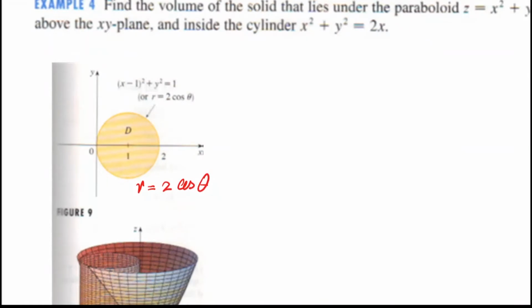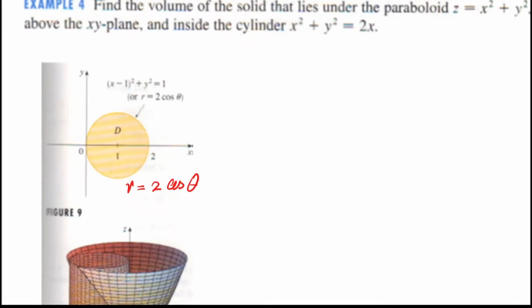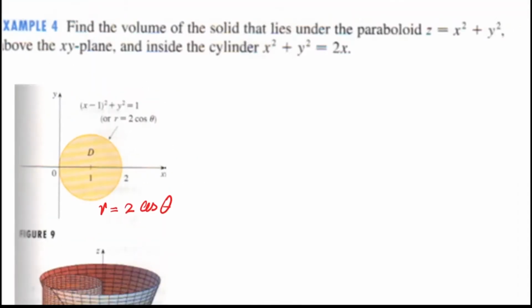We need to convert this paraboloid into the polar coordinate as well, right? Our function f of x, y, of course, is equal to x squared plus y squared, right? However, if you want to convert it into polar coordinate, and then f of r theta, what would that be? Would that be r squared? Ain't that convenient, huh?